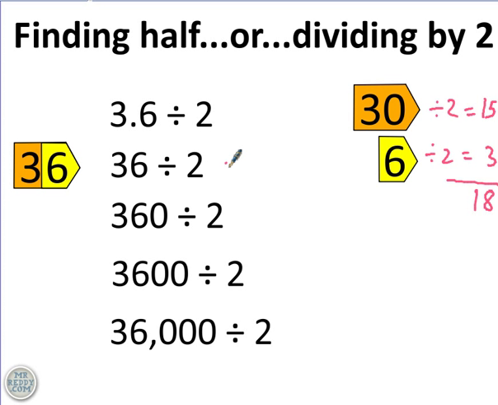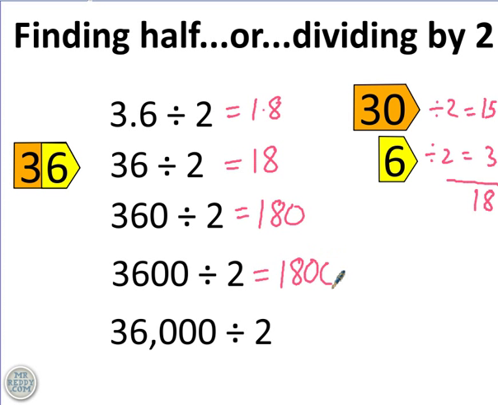So half of 36 is 18. That means half of 3.6 is 1.8. Half of 360 is going to be 10 times bigger than the answer to 36 divided by 2. And finally 18,000.